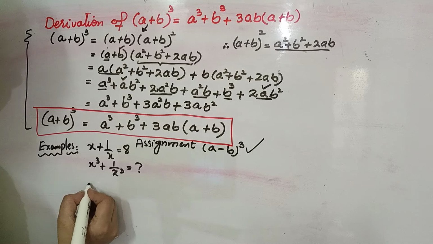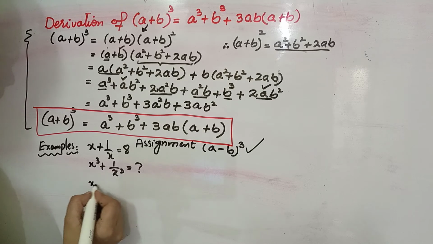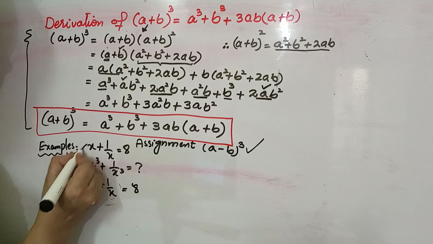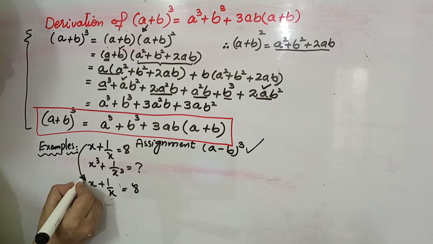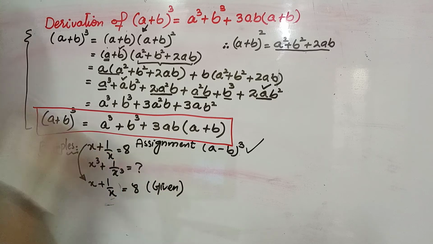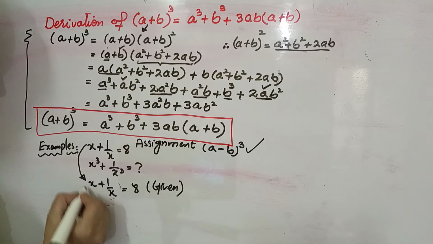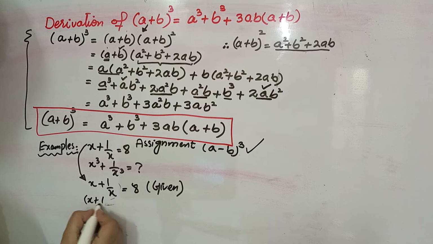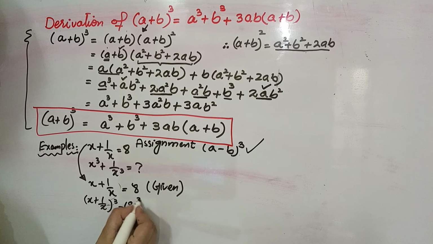As we know that x + 1/x is equal to 8, that is given. And by taking cube on both sides, it will be 8^3.